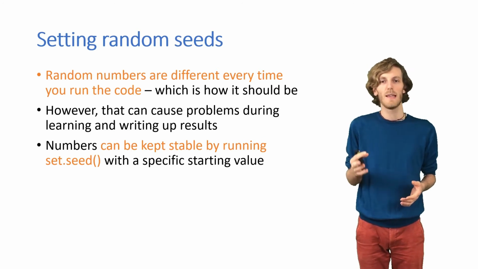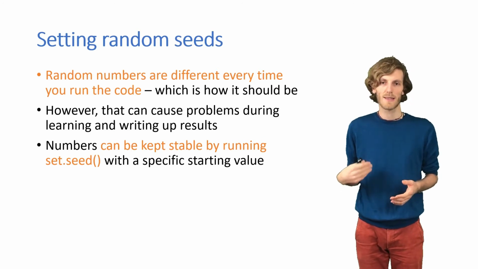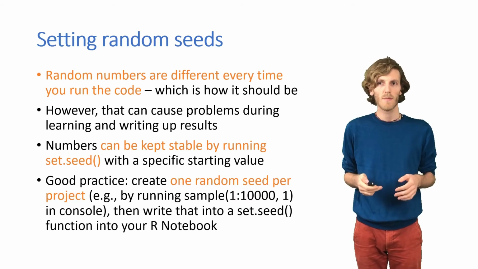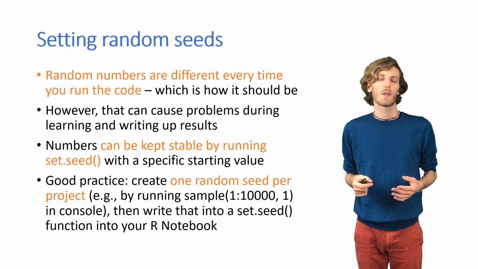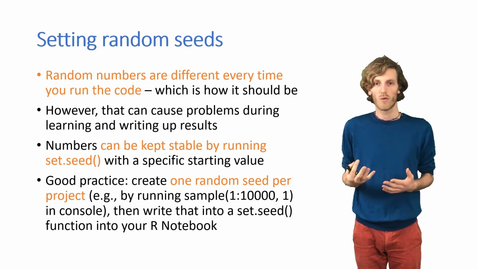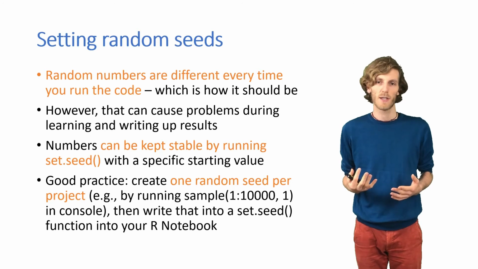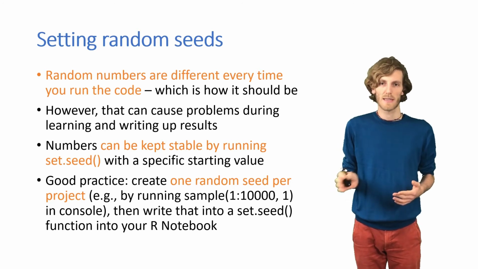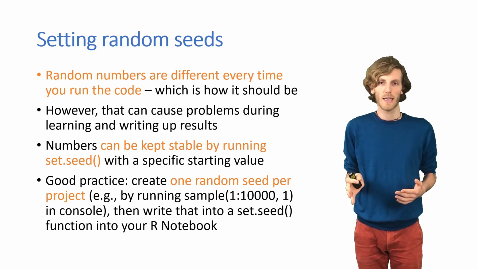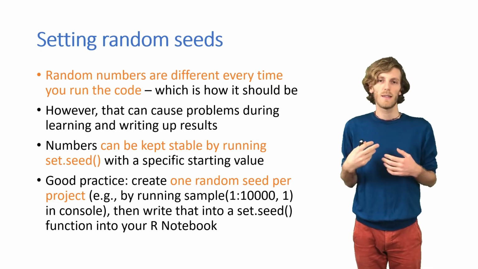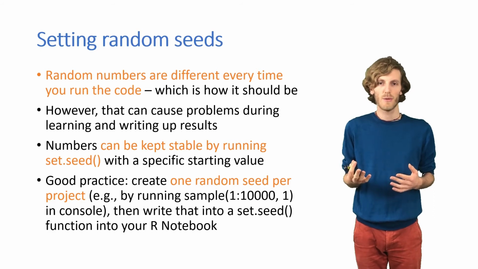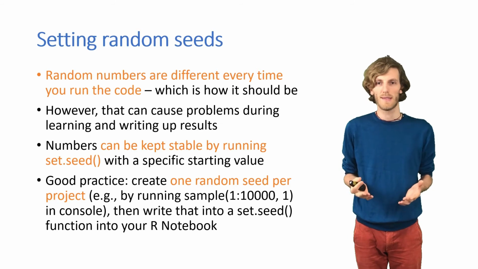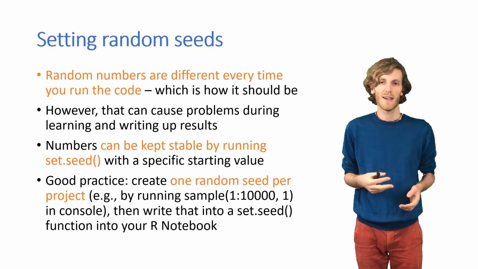And whenever you do that, it will give you the same set of random numbers following from there. So a good practice could be to actually create one random number at the start of your project and then use that random number as the seed for the project that then stays the same for as long as you're working on it. In your homework for the exams, you will be given seeds to set so that everyone actually arrives at the same numbers.